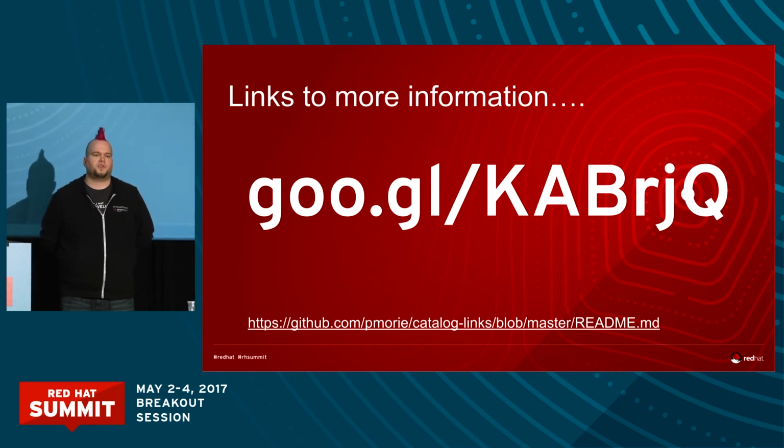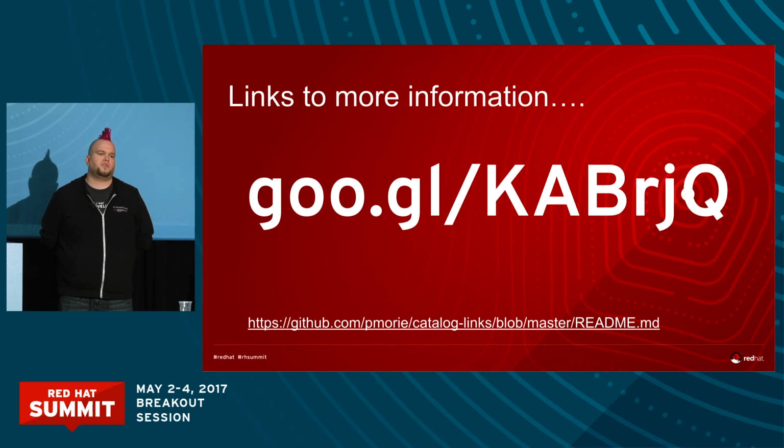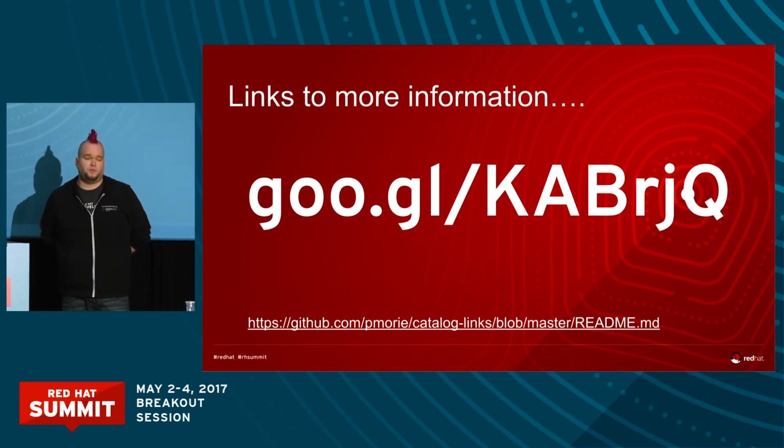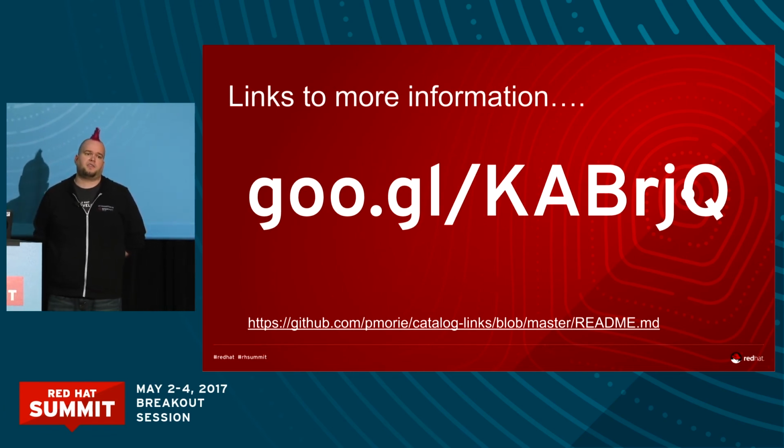The question is, will there be OC commands? Do you mean to work with the resources like you would another Kubernetes resource? Really good question. In fact, yes, there will be. One of the things that we didn't go into detail on, just due to time, is that the API server for the catalog is going to be aggregated with the normal API server.